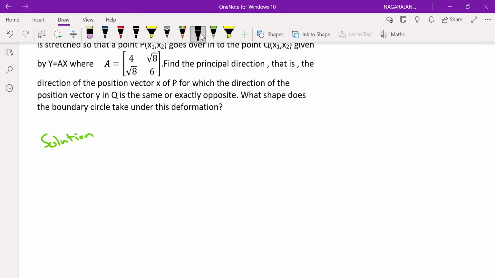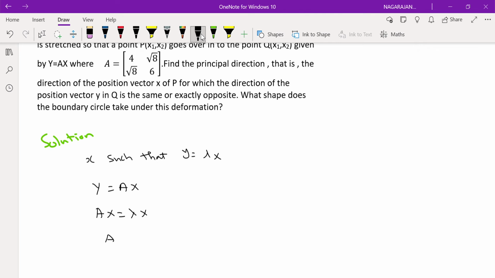We are looking for vector x such that y is equal to lambda x. Since y is equal to Ax, Ax equal to lambda x.